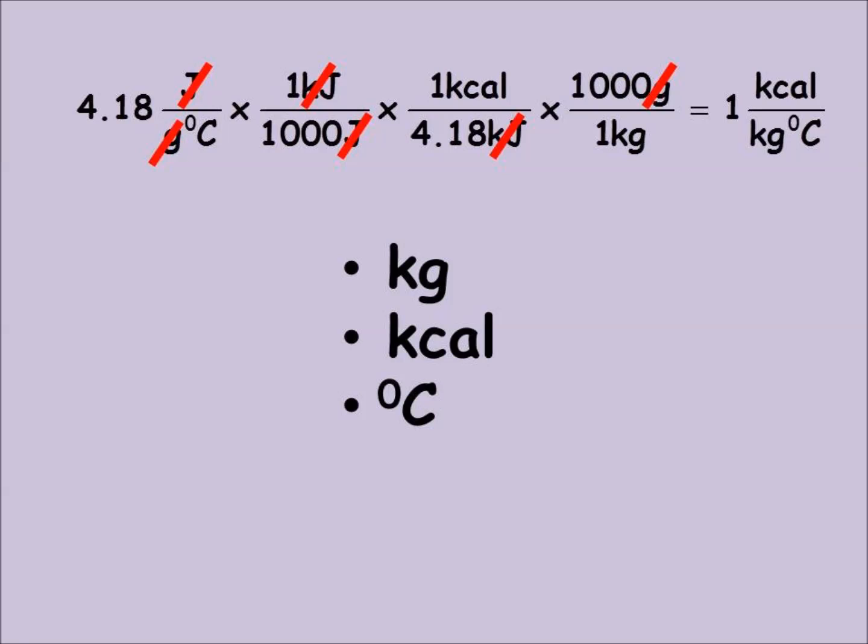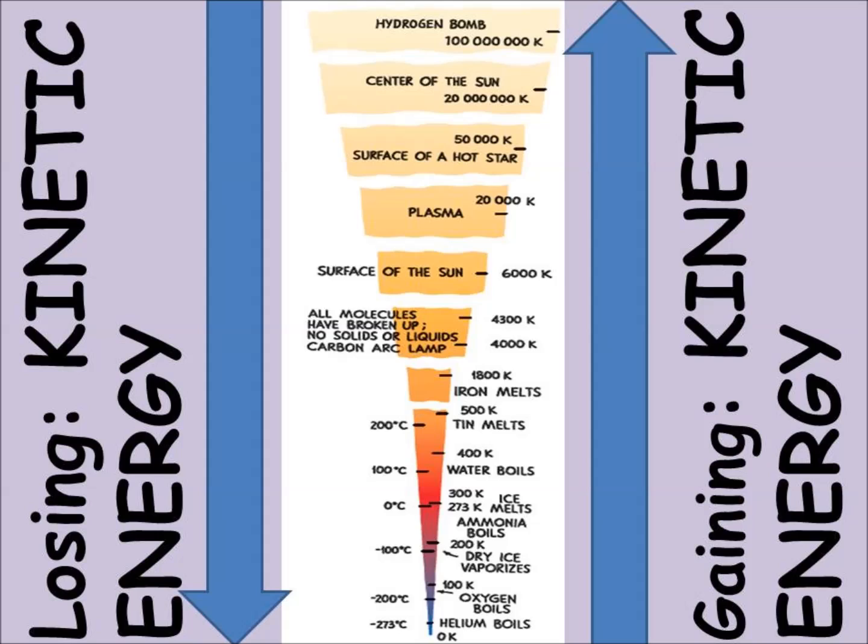Just a note here, in terms of delta T, change in temperature, degree Celsius and Kelvin is the same. A change in temperature of 5 degrees Celsius is the same as 5 Kelvin. So that's something to be aware of when you're doing these problems.